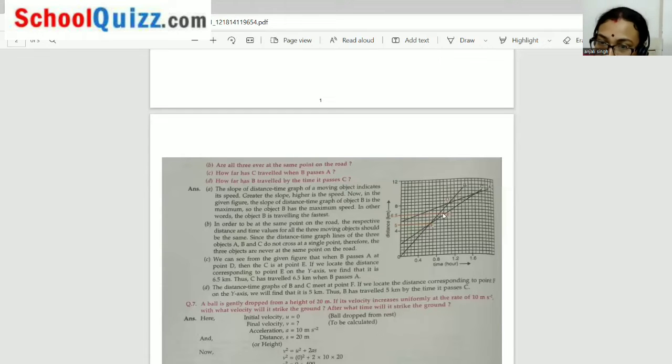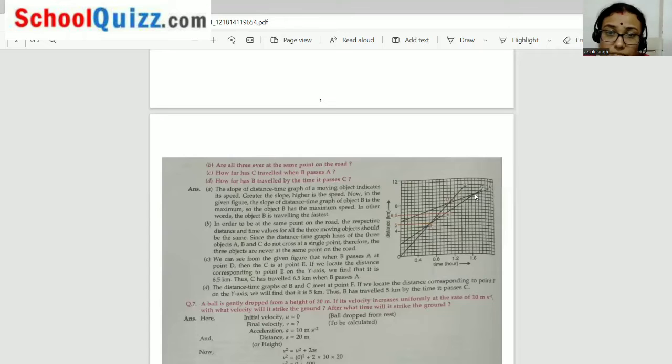At point D, B is intersecting with A, and at this point A as well as C is intersecting. So no point is there where A, B and C all intersect.